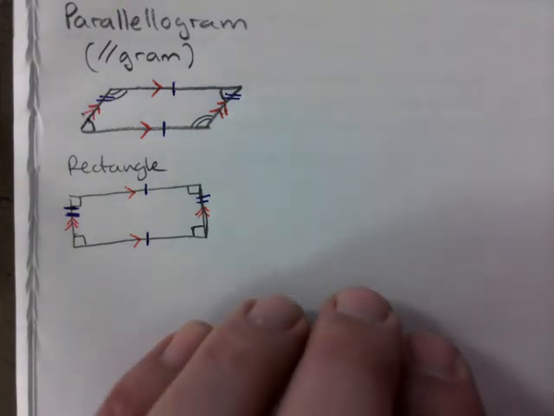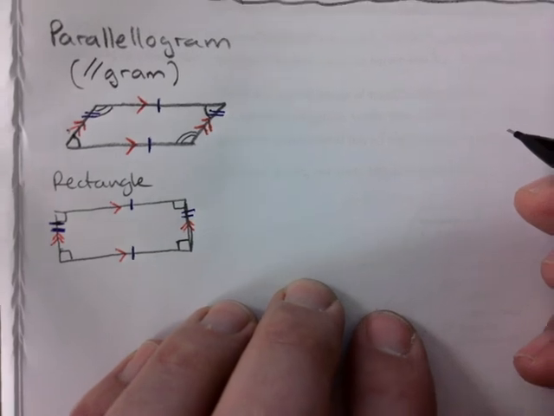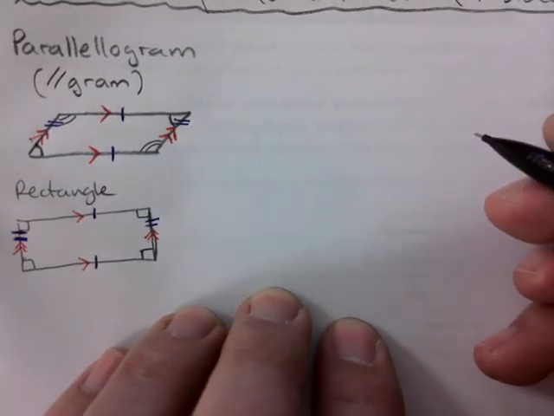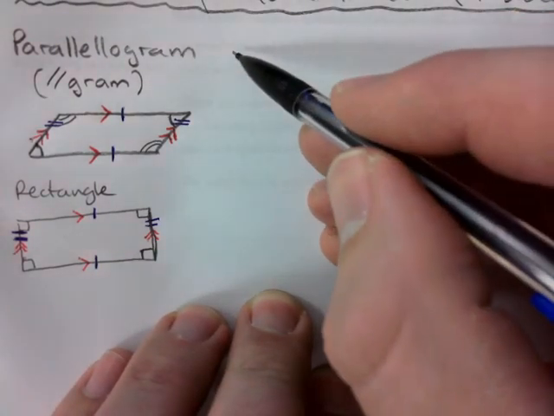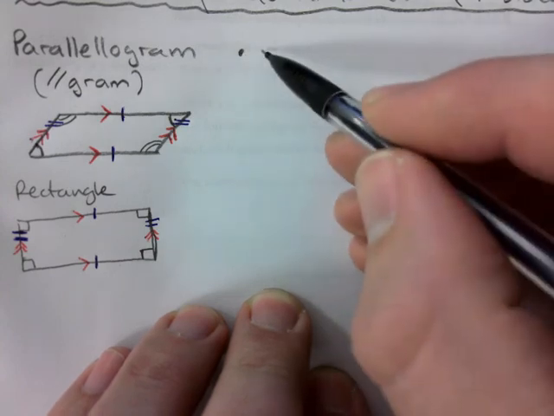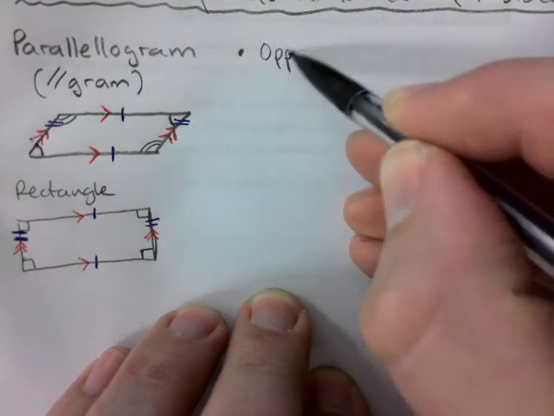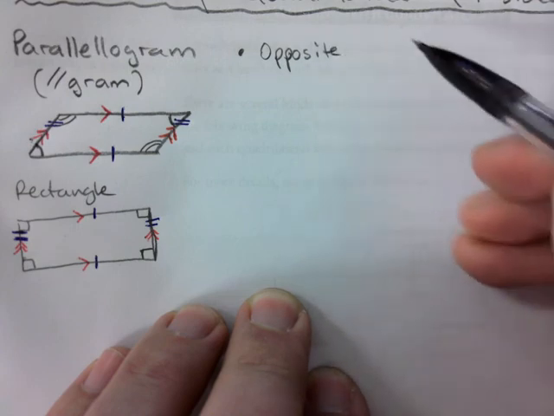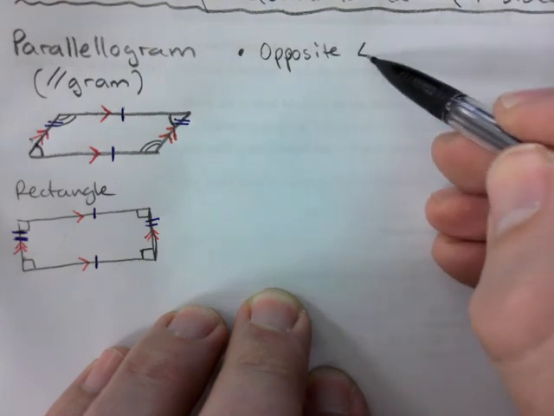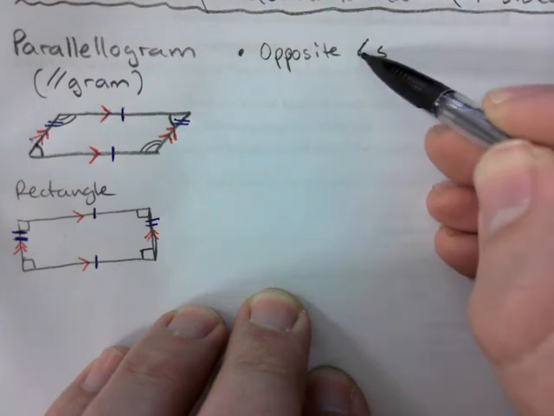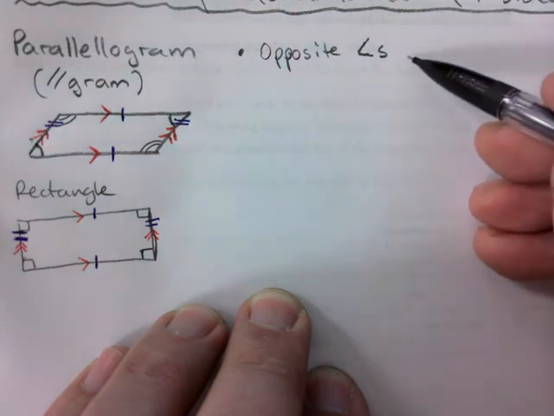Okay. And here are some properties that are true for both of them. Opposite angles, I'm using that symbol for angles, right? Opposite angles are equal.